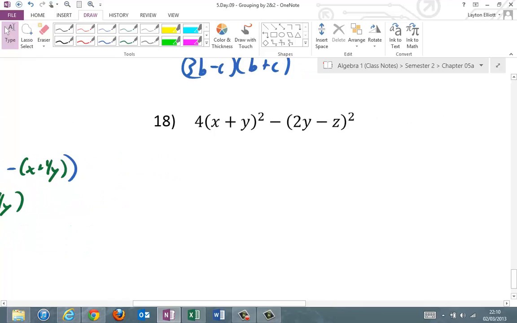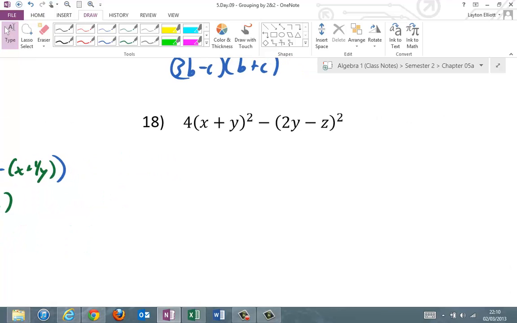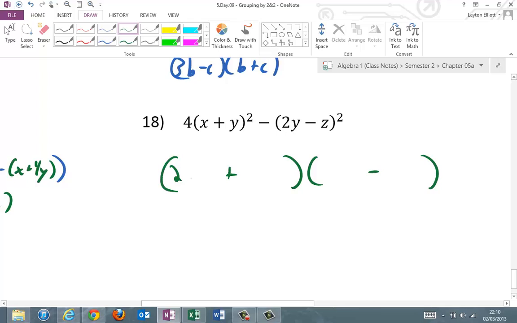Finally, number 18, this is still a difference of two squares. So, big parentheses. First group, let's do the plus minus. Then the x plus y squared, and the 4 is going to go down to be a 2, so this is 2 parentheses x plus y. Plus, and then this is parentheses 2y minus z. And then the other one's identical around that minus sign, 2 times x plus y, and then parentheses 2y minus z.